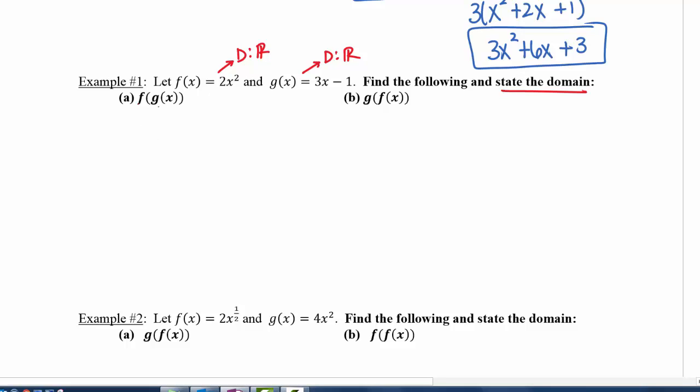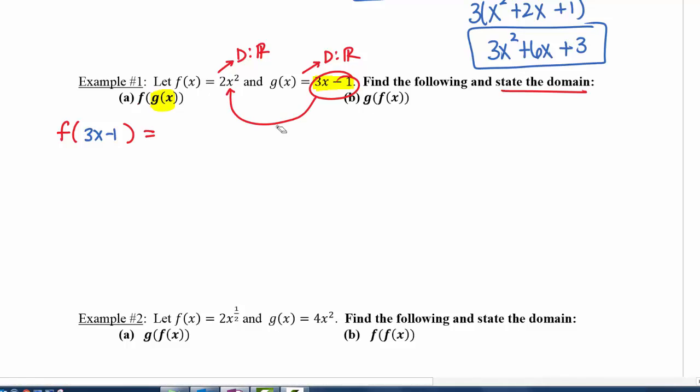So when you do f of g of x, you're doing f of something, and what you're plugging in on the inside is g of x. So what is g of x? Well, g of x is 3x minus 1. So ultimately, I'm putting g into the function f, where x used to be. G's on the inside, so g is going into f.